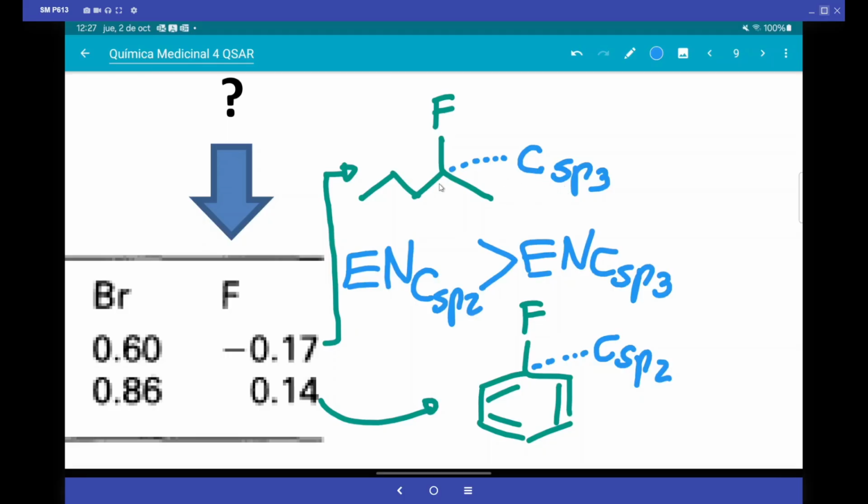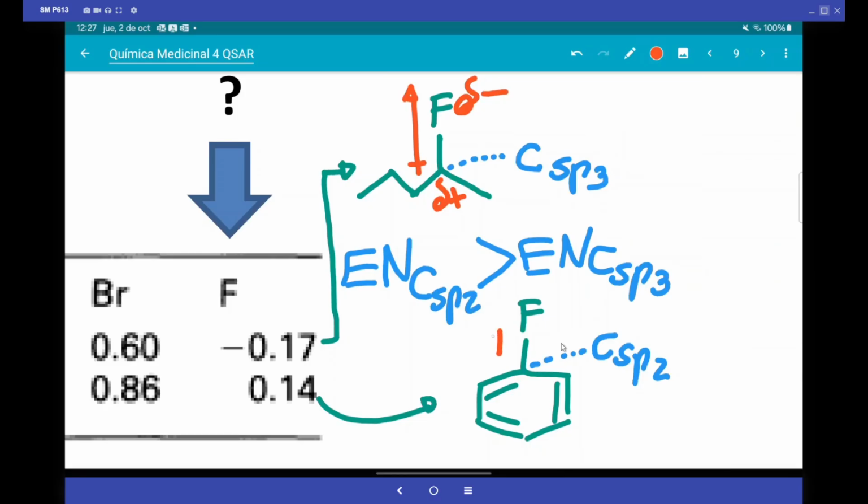Then it costs more to generate the polarization. The polarization is smaller. That is the reason why we have that difference in the contribution if we are in an aliphatic chain or if we are in an aromatic ring.